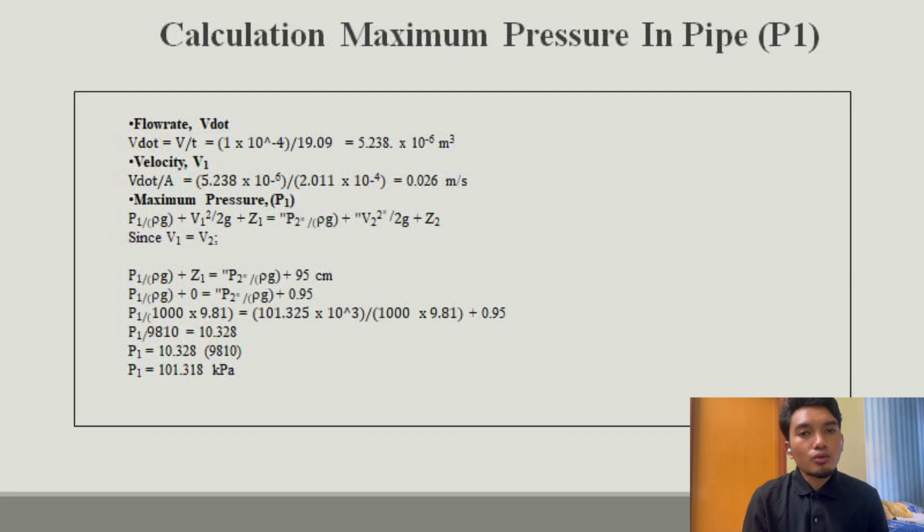Since V1 equal to V2, after we insert the values, the answer for P1 is 101.318 kilopascal.